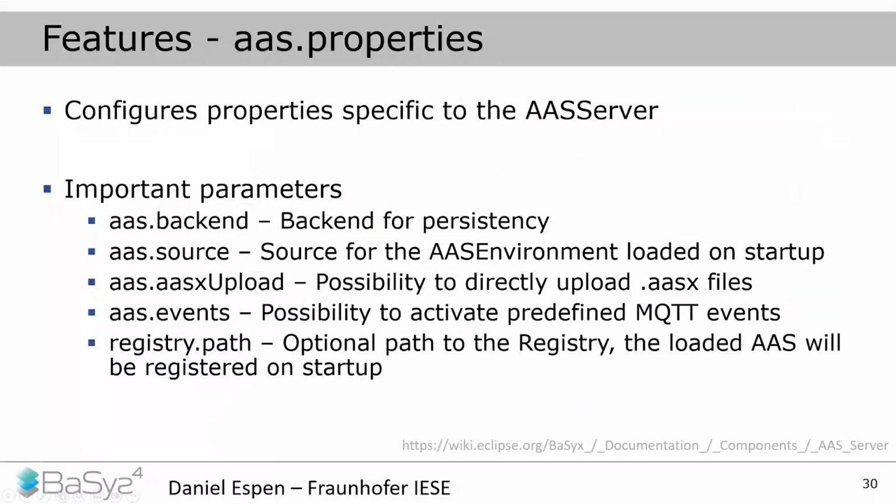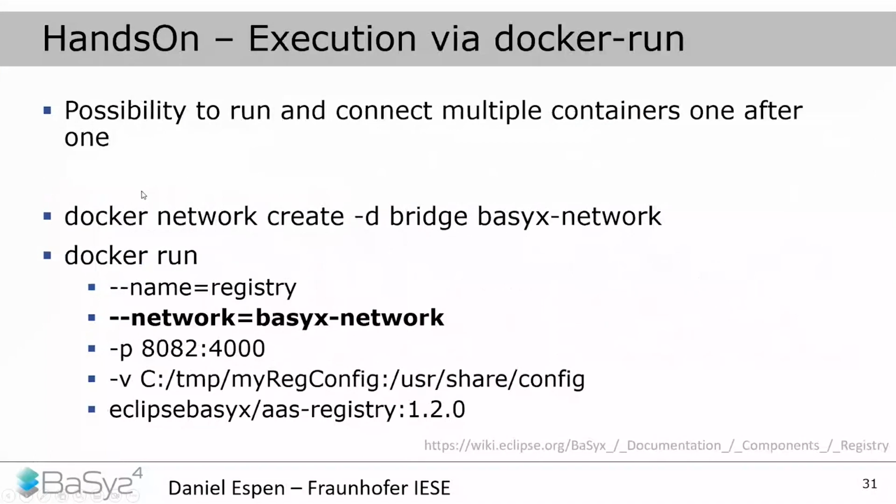Then let's also take a look at events. But for this, we would like to combine the registry and the AS server and start them both, and also register the AS that we upload.